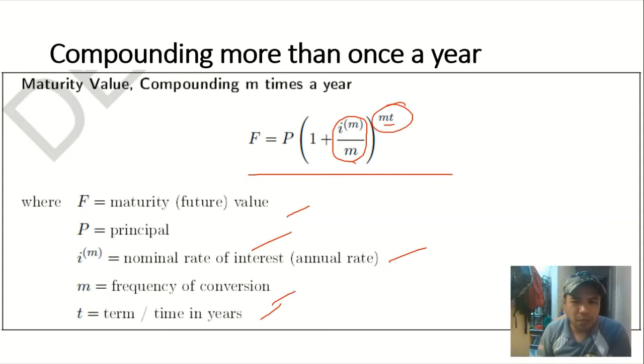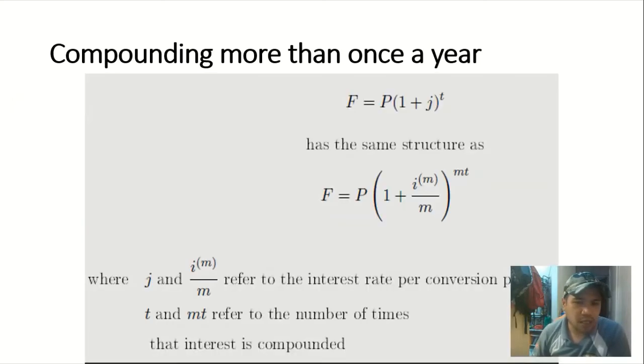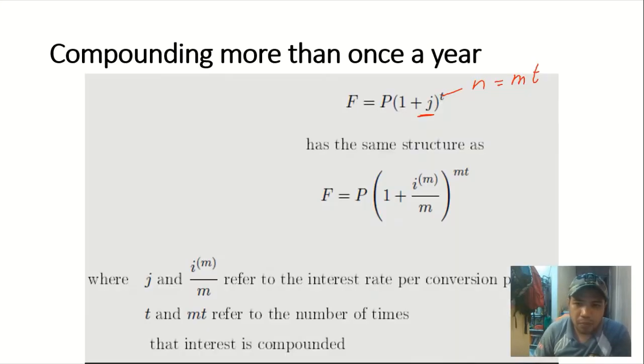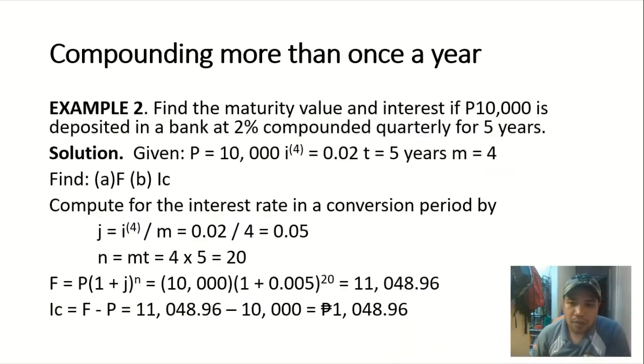Kung if ever na medyo mahirap to kung sakali man na pagsasama-sama nyo in one formula, pwede natin kunin yung dalawang yan in advance. So, that will be the J, and this one is the N, which is equals to MT. So, bago natin siya i-apply this sa formula, pwede natin kunin na yung value ni J. So, sabi nga doon, I over M, and N is equals to MT. Para mas madali siyang i-compute.